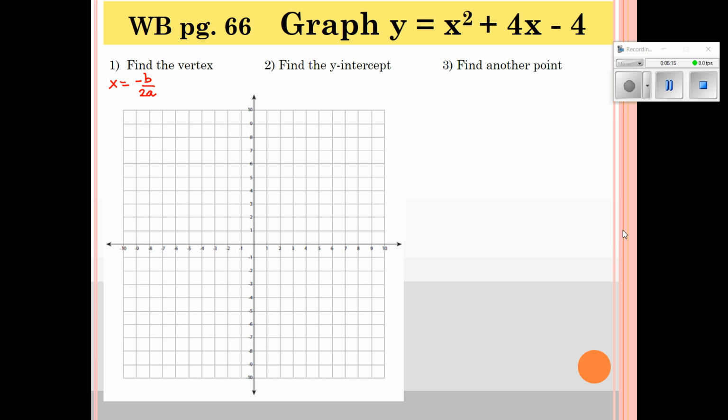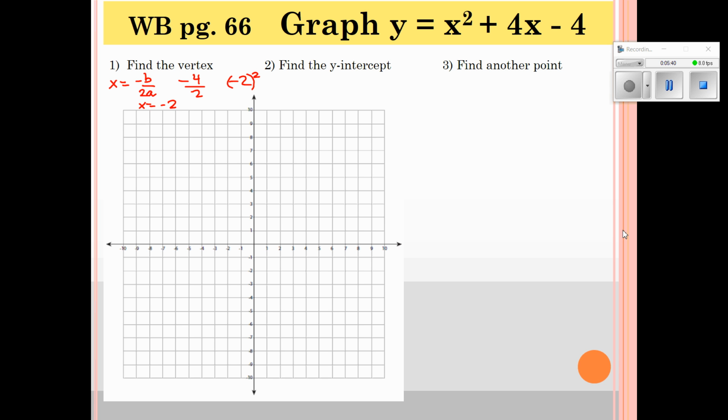So we're going to have negative 4 divided by 2. So we know that the axis of symmetry is going to be at negative 2. We're going to plug that back into the equation to find out what the y would be. So we have negative 2 squared.